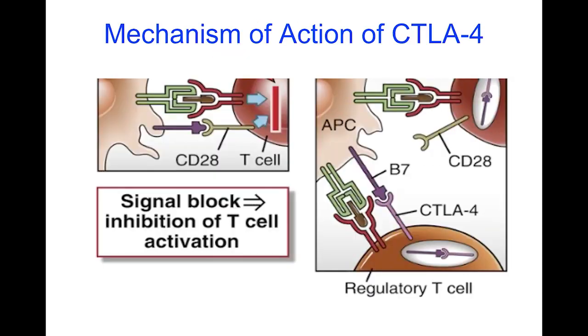So when we think about the mechanism of action of CTLA-4, these cell intrinsic functions can directly block activation of T cells, block signals through CD28.